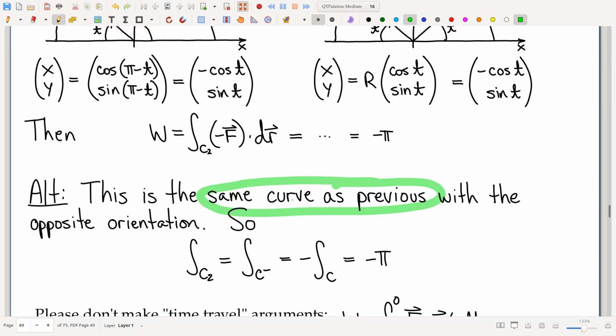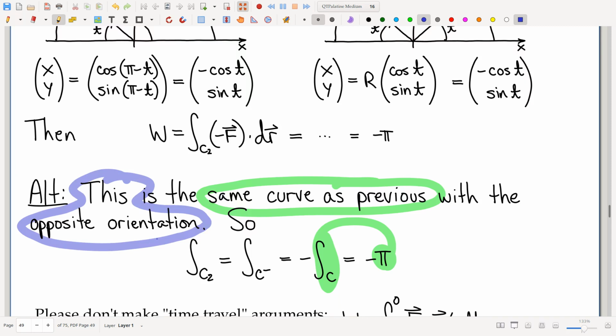And I already computed that on that previous curve, the integral's pi. Well, what I'm interested in is the same curve with the opposite orientation, and that opposite orientation is just a minus sign in the answer. And so the answer is minus pi. Much better.